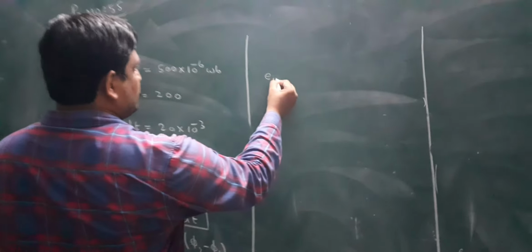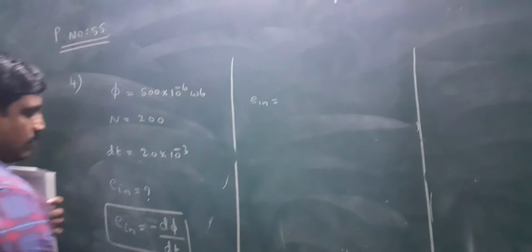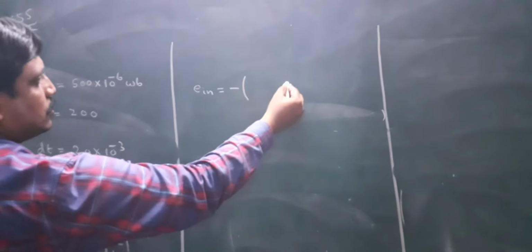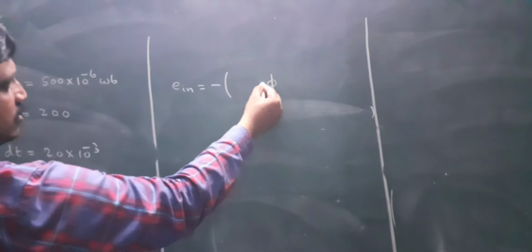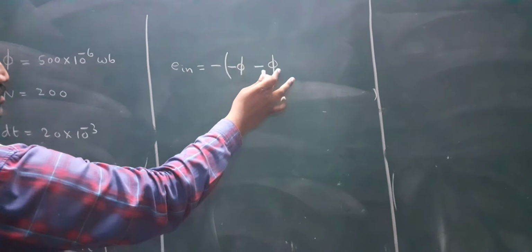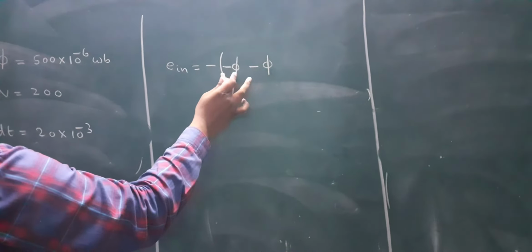The initial flux is given as φ. The final flux is reversed, so φ1 is φ, φ2 is minus φ, because here the keyword is reversed.